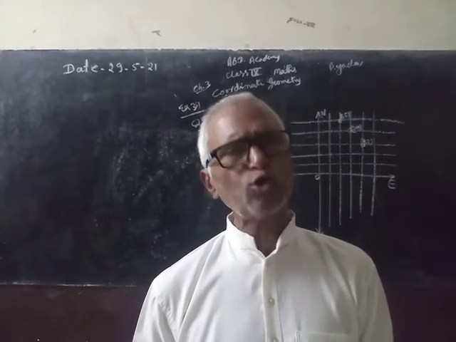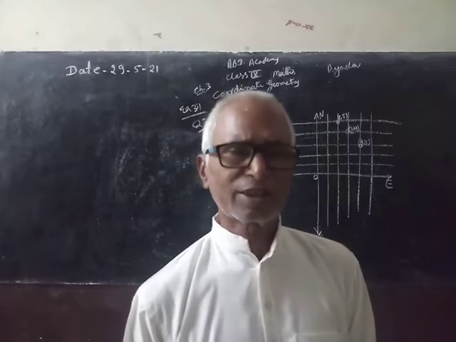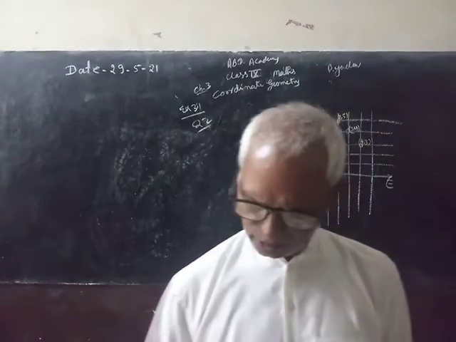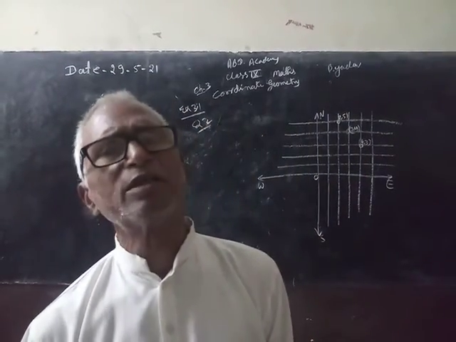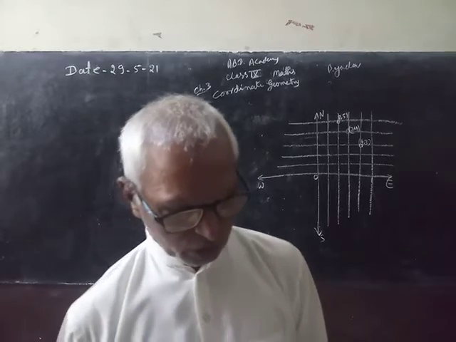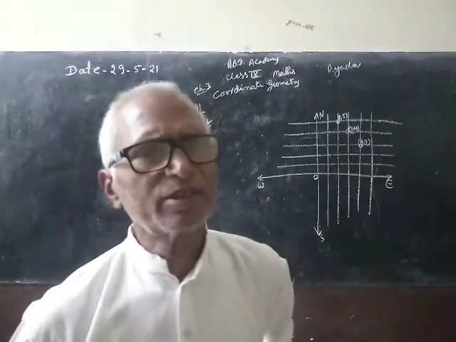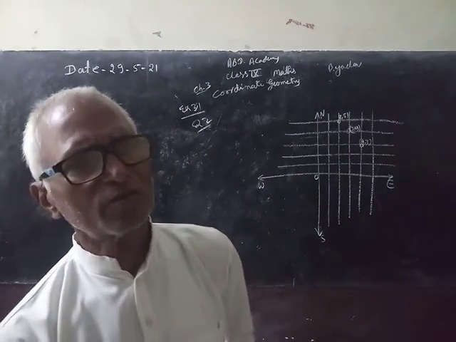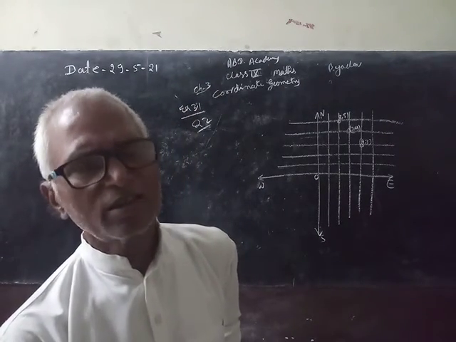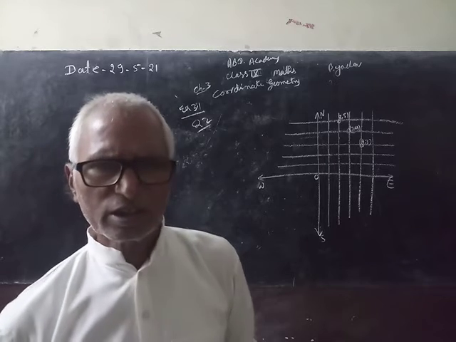I shall show you properly by sketching it on your exercise books, your copies. So don't be nervous here. Don't think that it is very difficult, but try to understand.